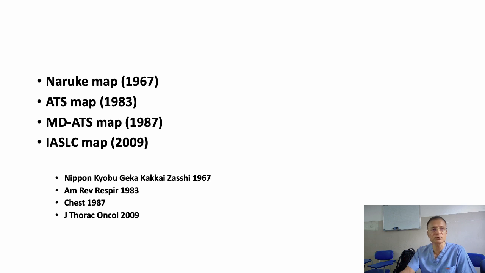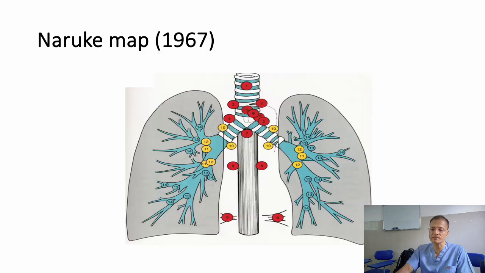And lastly, by 2009, because there were a lot of differences among the Eastern countries, particularly Japan, China, and Korea, who used to classify those lymph nodes according to the Naruke map system, whereas the Western society used the Mountain-Dresler classification, the International Association for the Study of Lung Cancer group then uniformly made a consensus on how to label those lymph node stations for lung cancer.